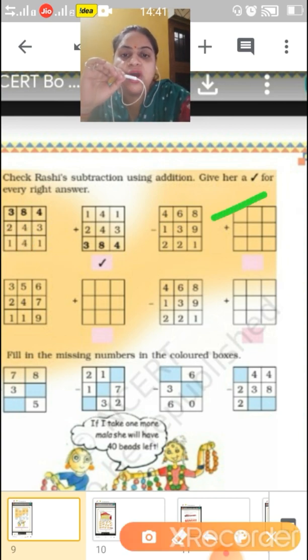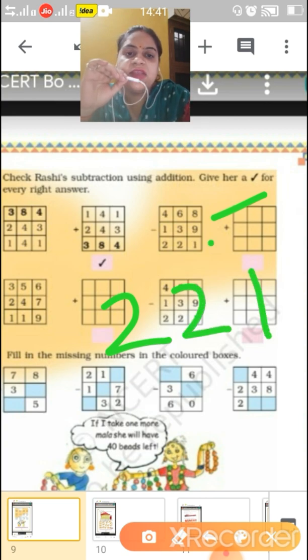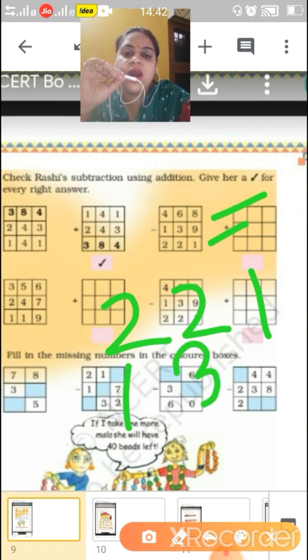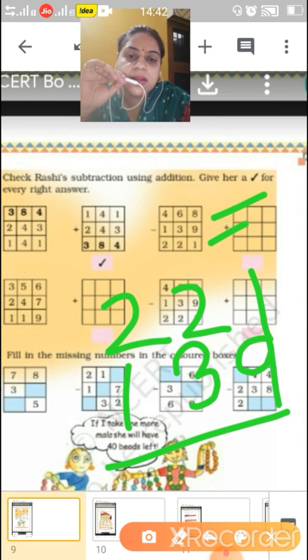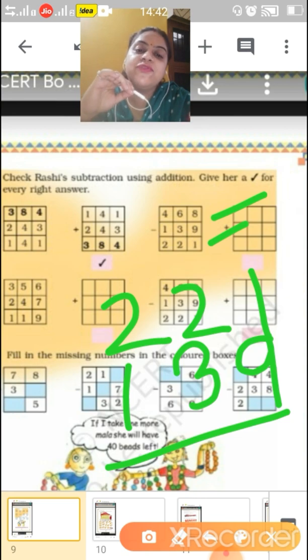In this box you will write 221. Okay, then in the second box where plus is written, you will write 139. Okay, what are you getting? Yes, you have to add. What do you have to do? You have to add that sum.